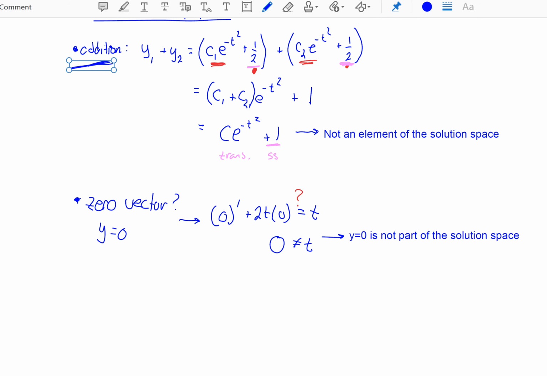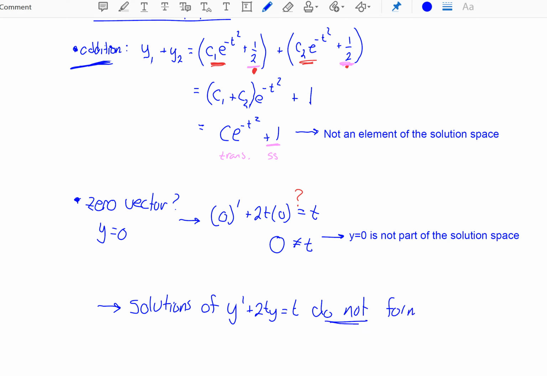However, in the end, I think what we want to know about this problem is that here, solutions of y prime plus 2ty equals t do not form a vector space.